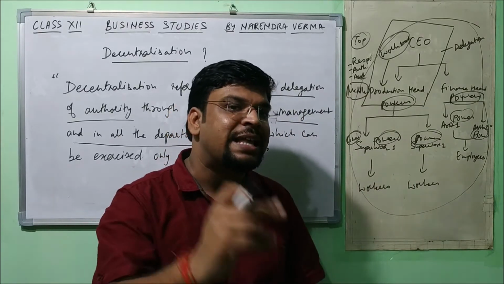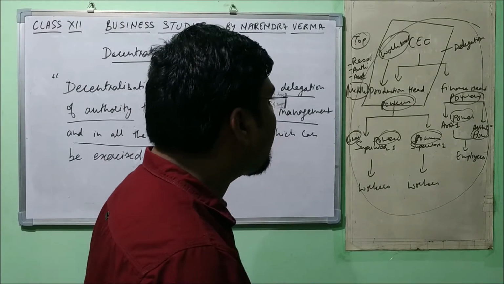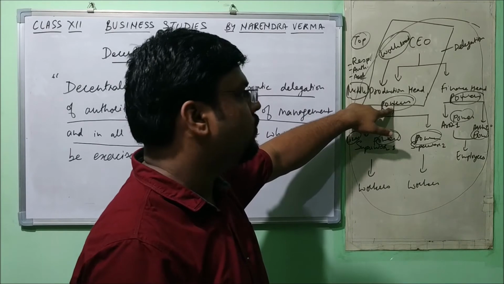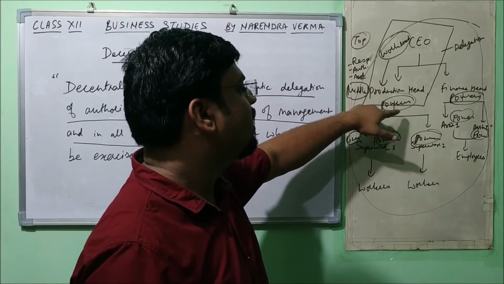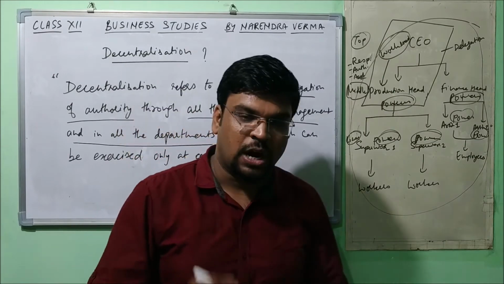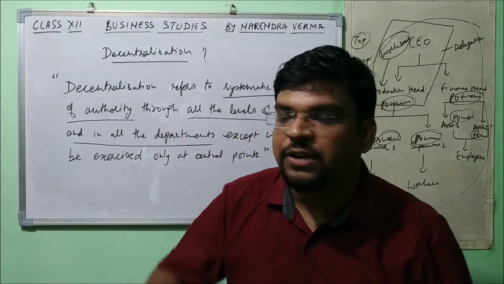Understood the point? That is why I was saying to you that decentralization includes delegation also. Or from the other aspect, we can say decentralization is the extension of delegation of authority. Now let's move ahead with the definition.